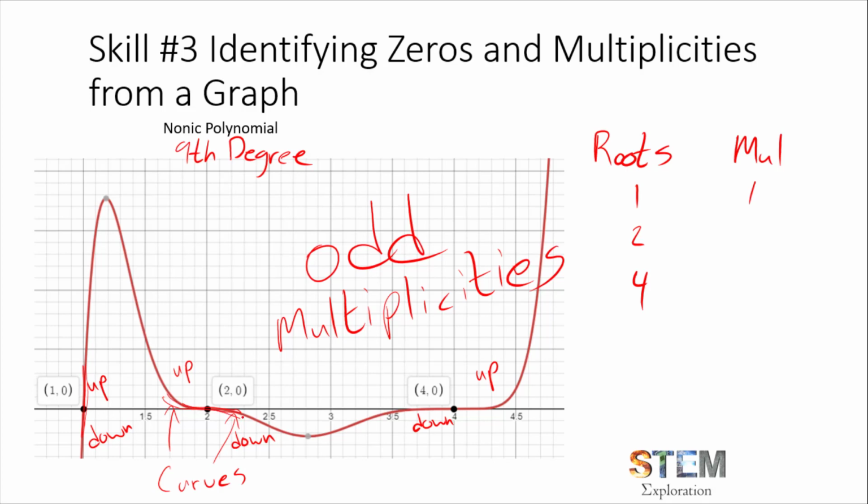It gets flatter because there's more curves next to the root, and then you see this cubic shape that forms, okay, in this particular instance. So this root most likely has a multiplicity of 3. We know that this is a 9th degree polynomial, so the sum of all the multiplicities should equal 9.